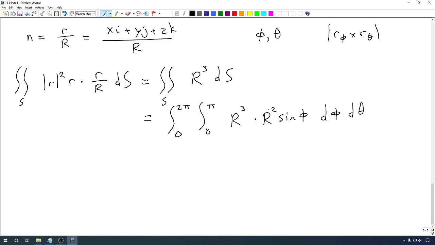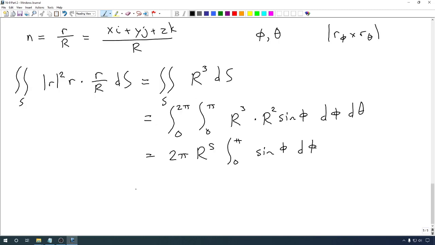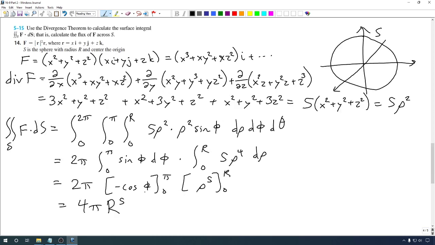Of course, here we end up with an r to the 5th. We don't have any thetas, so we end up with a 2 pi times r to the 5th times the integral from 0 to pi of sine phi d phi. But as we just saw back here, that integral turned into a 2 overall. So we get to multiply this by 2. We get 4 pi r to the 5th, just like we got when we did it as an integral of the divergence over the inside.